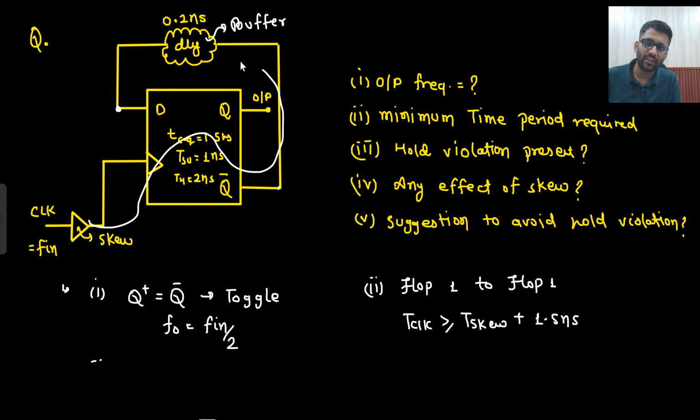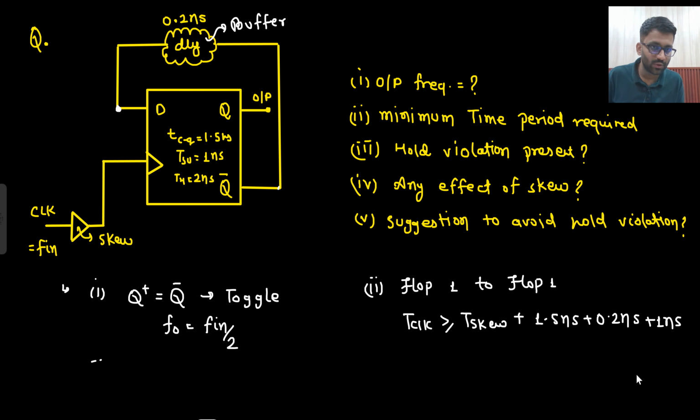From here to here you are going, then this delay of 0.2 nanosecond is also coming, plus 0.2 nanosecond. And then you have reached here. If you have reached here, then you need to take setup time into account. Also, you need to subtract the skew of the clock of this flop. And what is the clock of this flop? This is the clock of this flop. And what is the skew of this? That is T skew only.